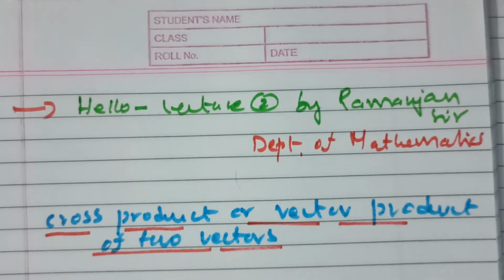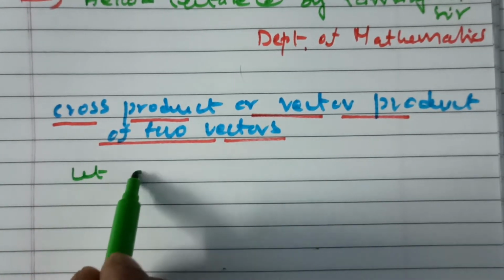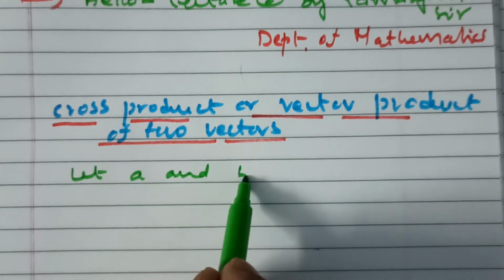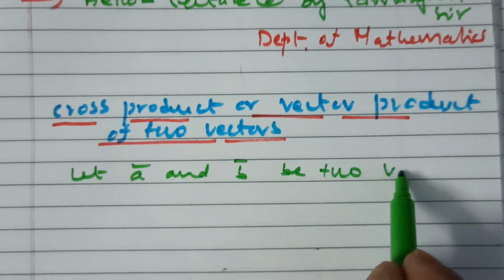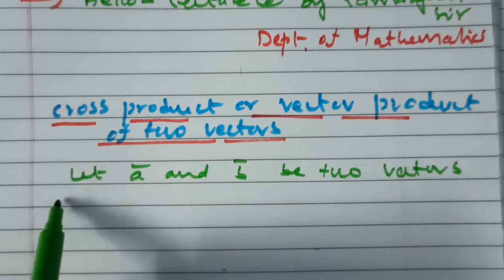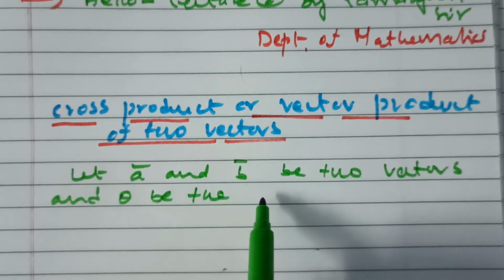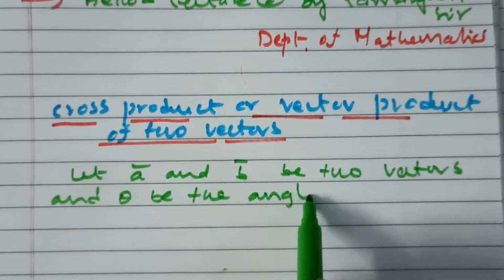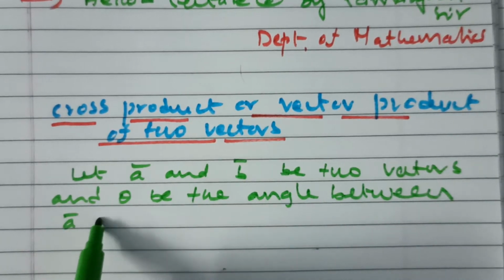Let A and B, or A bar and B bar, be two vectors, and theta be the angle between A bar and B bar.